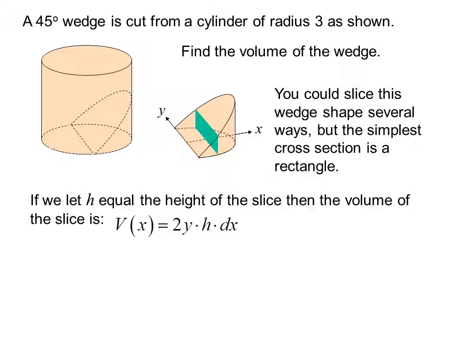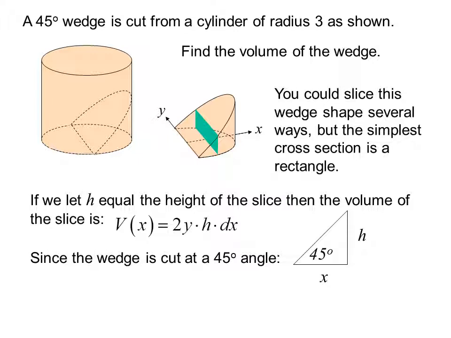So the width of the slice is y in this direction and y in this direction, or 2y. The height we'll call h, and the thickness is a very small change in x, dx.